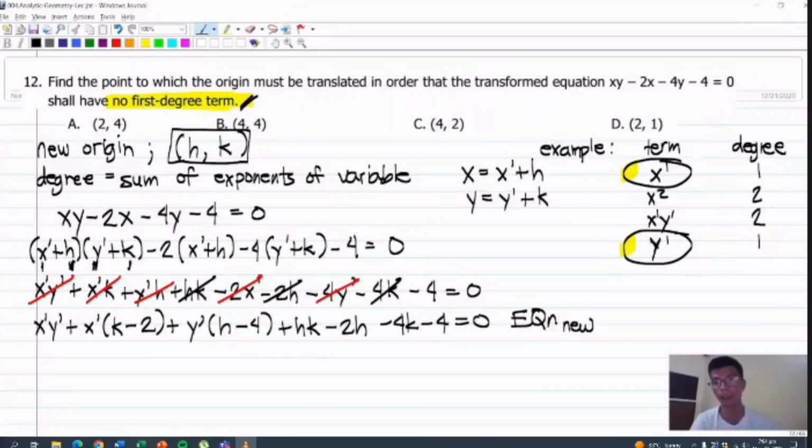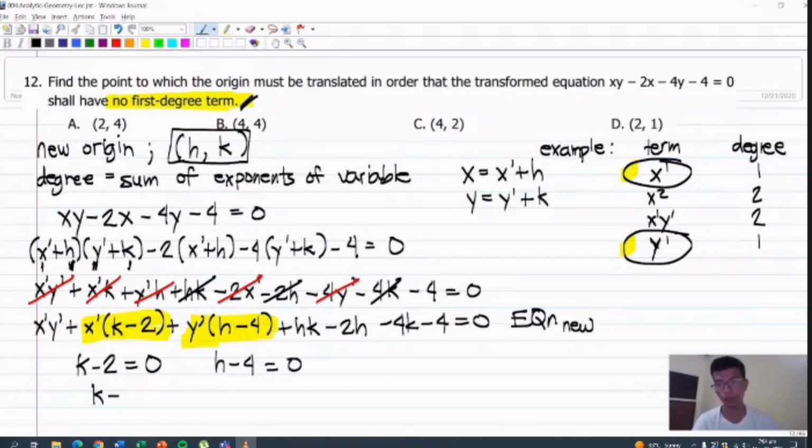And nasaan ba yun? So, ito yun. Single variable x prime na may coefficient k minus 2. And then, single variable y prime na may coefficient h minus 4. Siyempre, para mag-cancel yan, kailangan yung coefficient ni x prime, which is k minus 2, ay maging 0. And then, yung y prime natin, kailangan maging 0 din naman yung h minus 4.